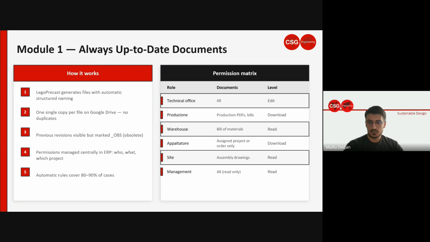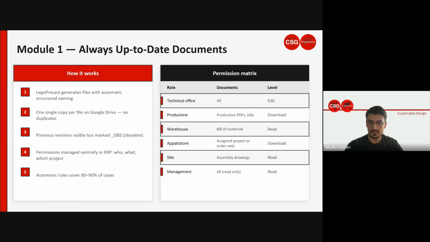The first module solves probably the most common problem in precast production: people working from the wrong version of a drawing. So here is how it works. Lego Precast generates every file with a structured automatic name, and nobody names it manually, so nobody gives wrong names.